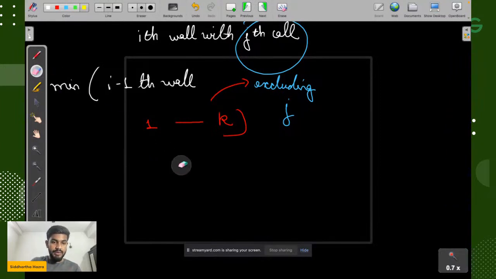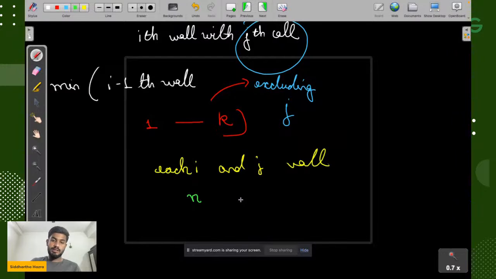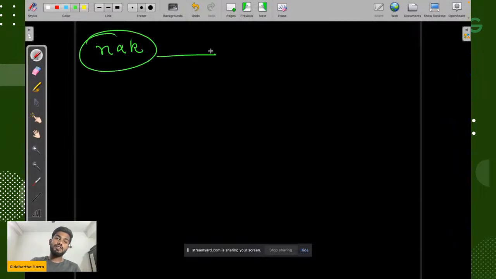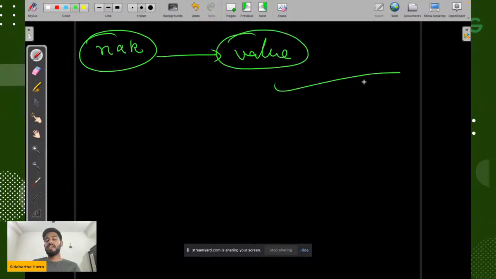So we are filling each I and j value. In total we would be filling n walls with k colors, so we are filling n multiplied by k values. Like we would take a DP array of n cross k and we are filling each value.